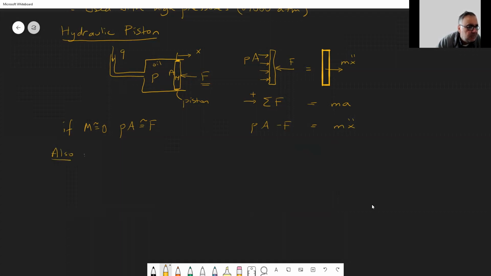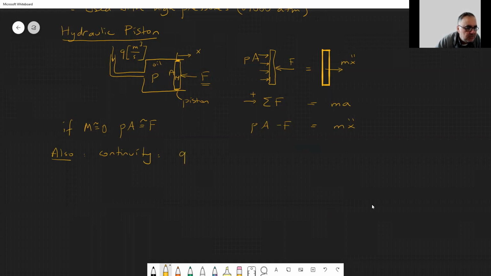There is also the continuity equation, which says that the fluid coming here, Q, by the way, is in meter cubed per second. It is the volumetric flow rate. The fluid coming in should be displacing the piston by the same amount as it comes in.